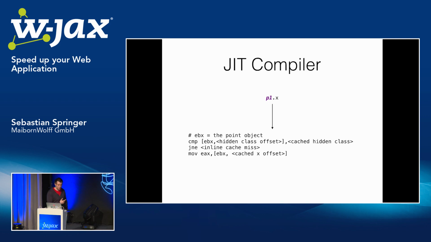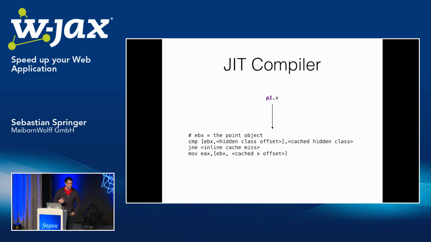So this is an example of how this code might look. If you access this property, then the machine code looks in this hidden class, which is pre-generated, and if the assumption of the engine is correct, then the optimized code is used.